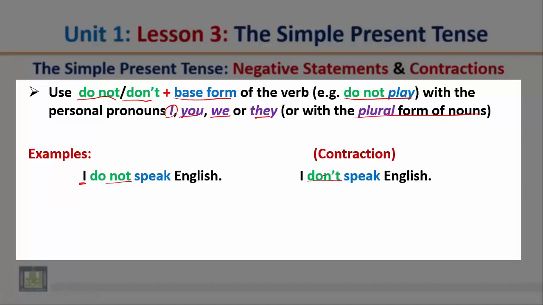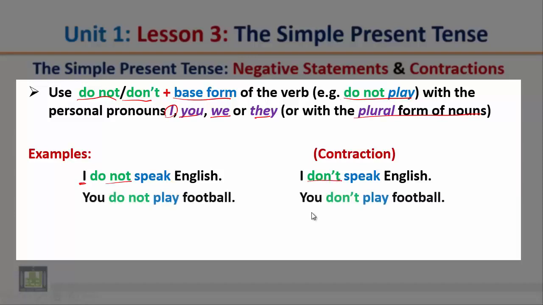I don't speak English. You do not play football. Notice here also we use do not after the subject you, and the contracted form is you don't play football. We do not study hard.